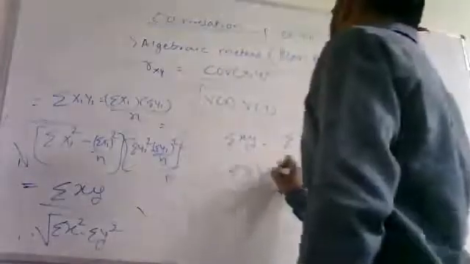Small sigma xy is summation of small xy minus summation x into summation y divided by n, upon n. So it is not n minus 1, write minus. And summation of xi square minus summation xi bracket square divided by n, and summation y square means summation of y square minus summation yi bracket square divided by n.